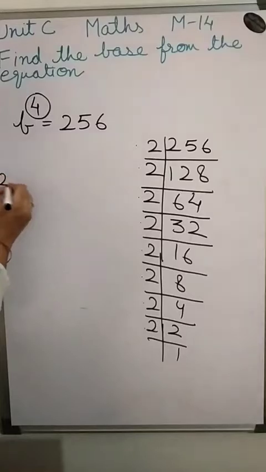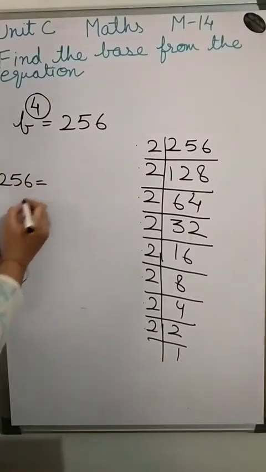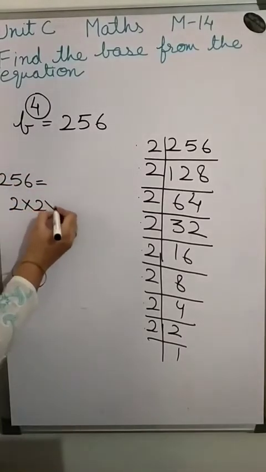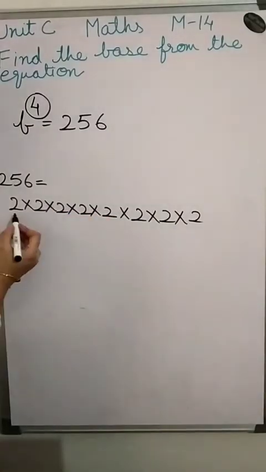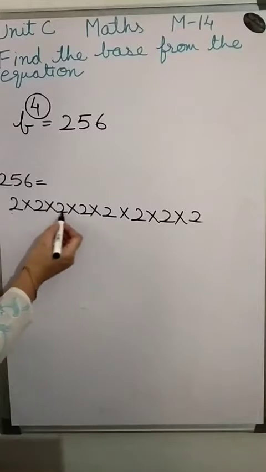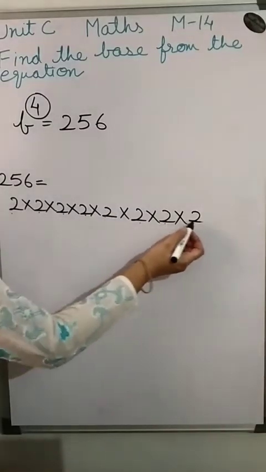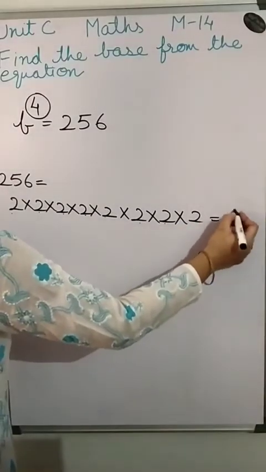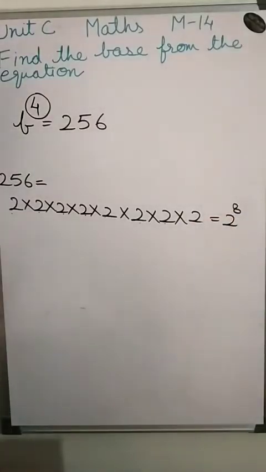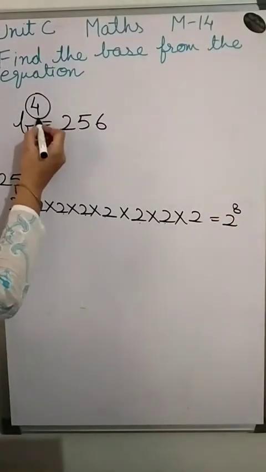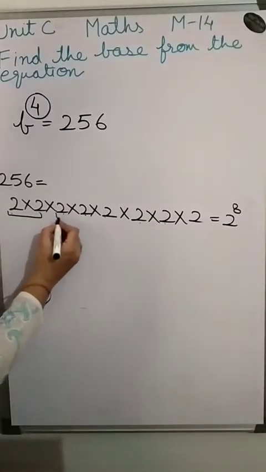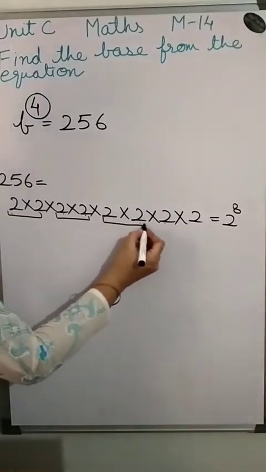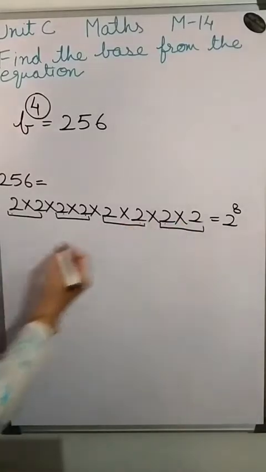So it means 256 is equivalent to 2 × 2 × 2 × 2 × 2 × 2 × 2 × 2. 2 to the power 8 we can write, or what we can do here, because the power is 4, we make pairs of two numbers so that the bases become equal to each other.